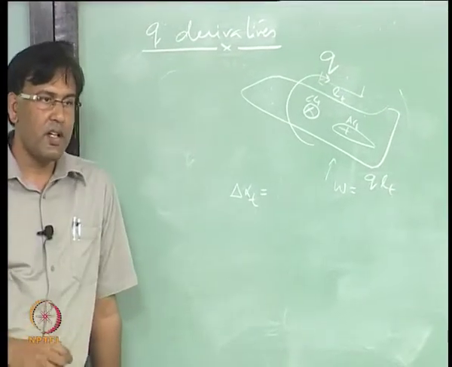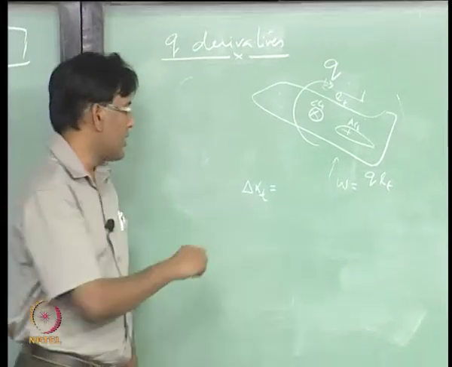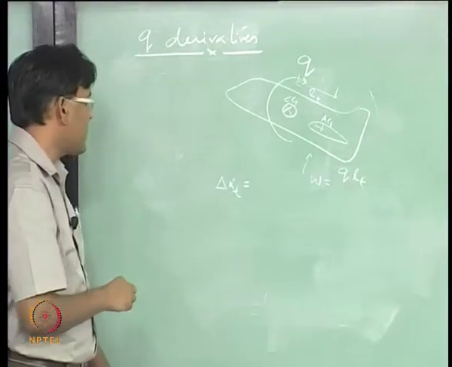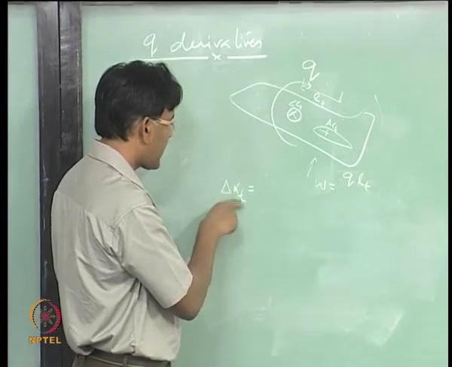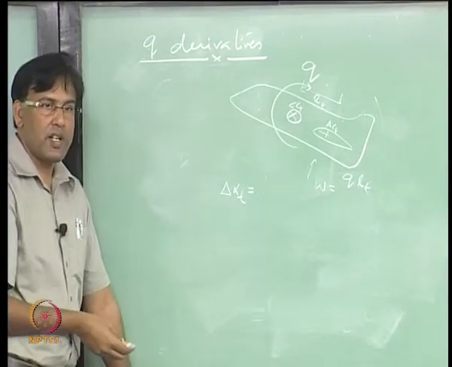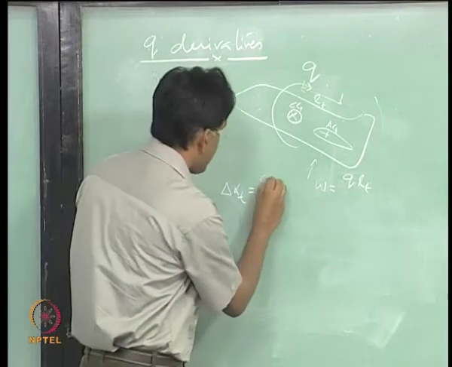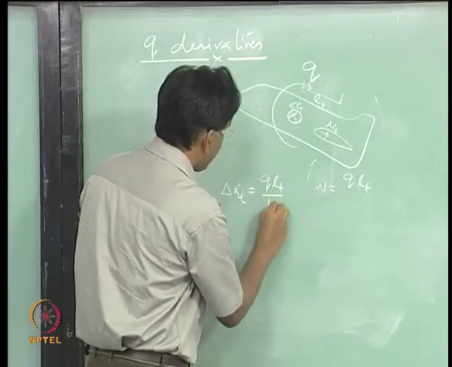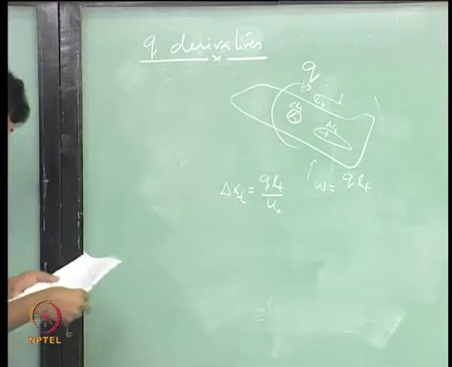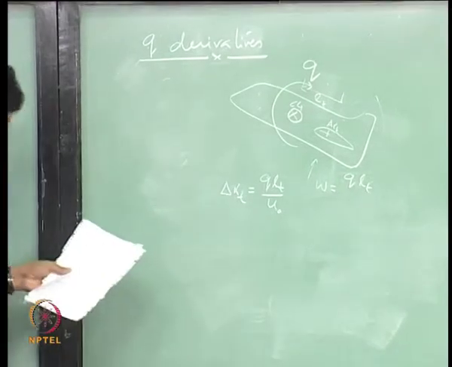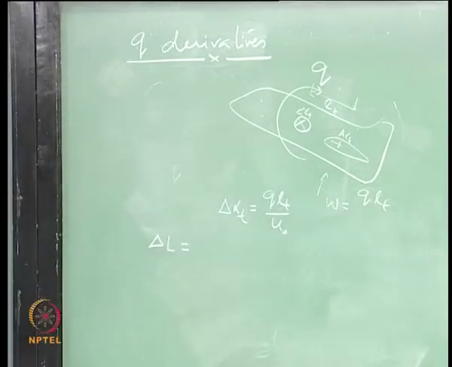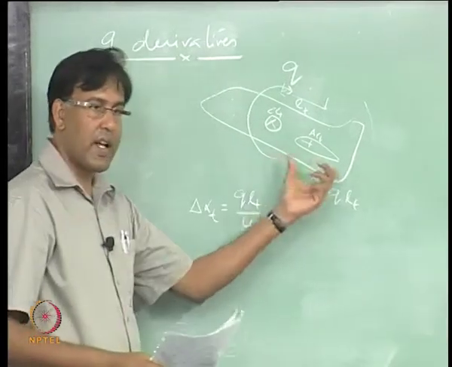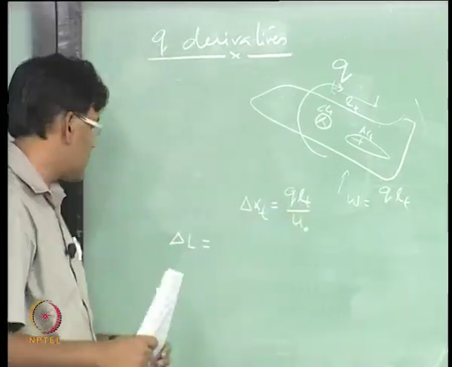If I have a positive pitch rate, then this increase in angle of attack at the tail is going to be positive. So, there is a change in overall lift of the airplane, and that is because of the change in lift at the tail due to this increase in angle of attack.